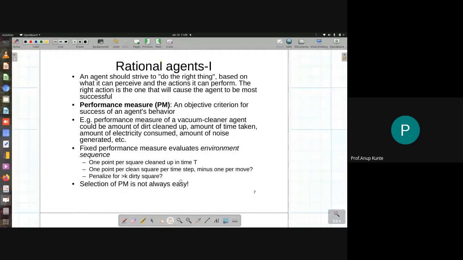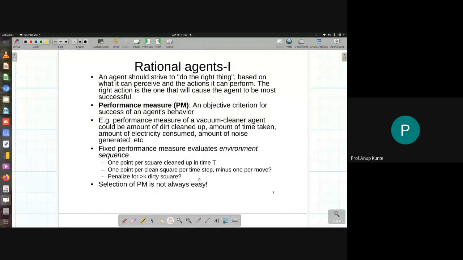So what should I add as an ingredient in the architecture of the agent so that while I'm modeling that mapping, I also take care that the agent is a rational agent? That is what the discussion of these two slides is going to tell us.